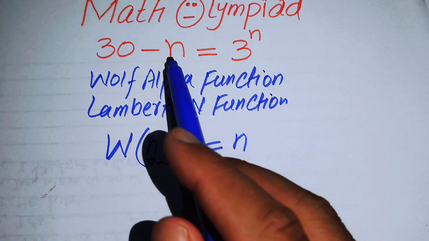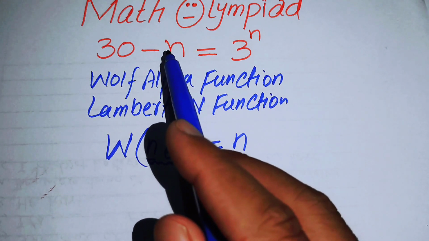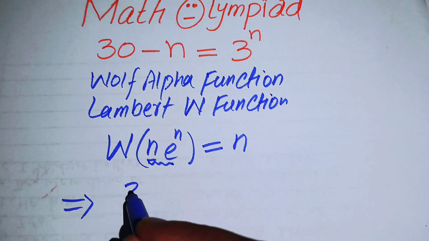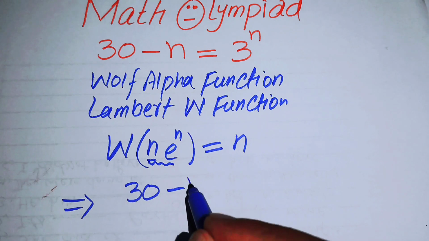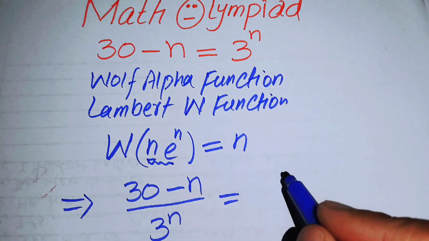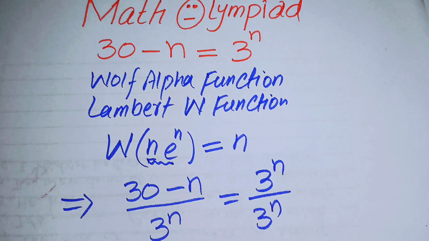So now the very first thing we are going to do is divide both of the sides by 3 to the power of n, so that this expression becomes 30 minus n over 3 to the power of n equals 3 to the power of n over 3 to the power of n.